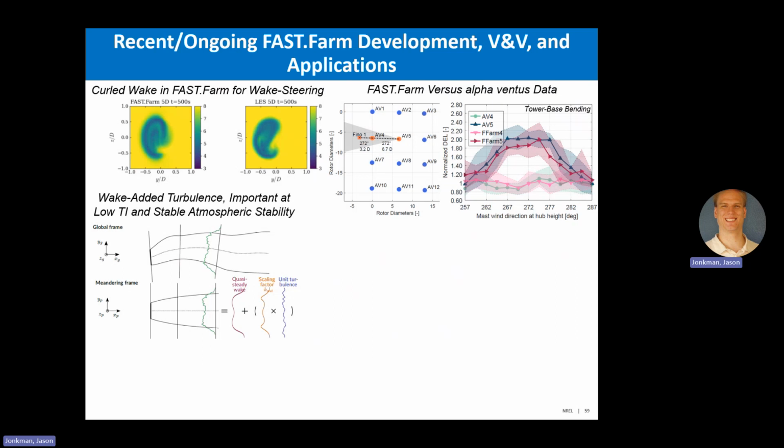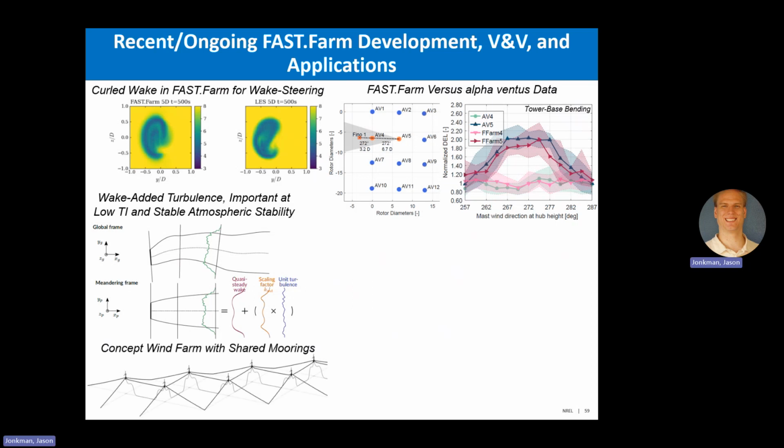You see the one turbine doesn't really depend on direction, but the second turbine is heavily based on the direction of the wind, and sometimes it hits the downstream turbine. You see a factor of 2 on DEL for that downstream turbine. This shows that FastFarm really does a good job of capturing the effect of the wake on the downstream turbine.